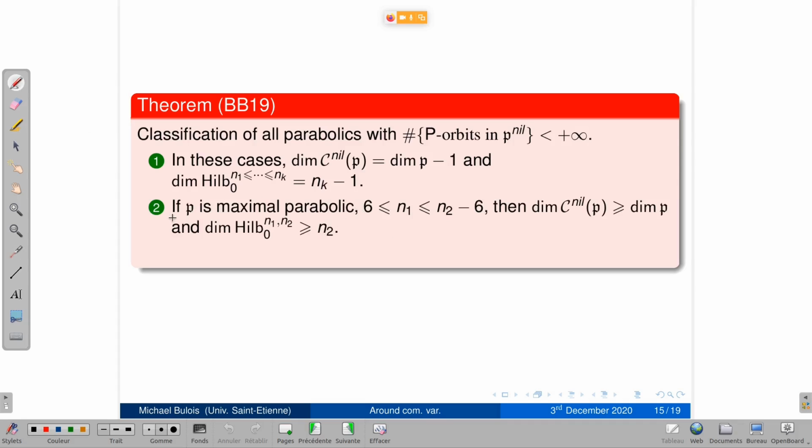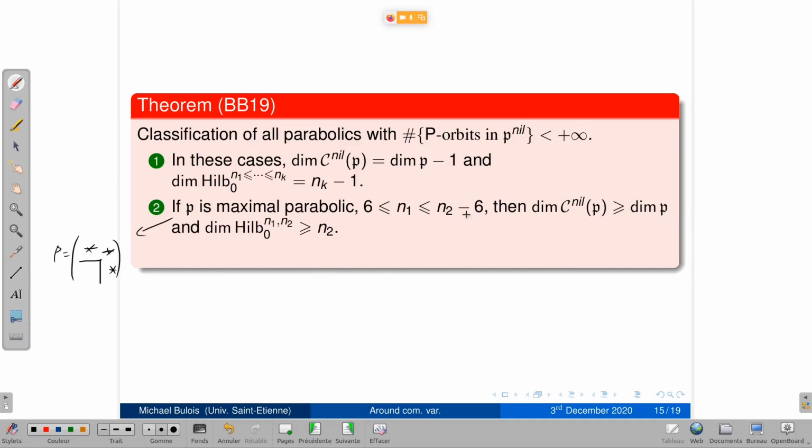Maximal here means that P is just something like this, and n1 is the size of this first block, and if I ask that each block is of size at least 6, then the dimension goes one step up. You have one more dimension here and one more dimension for the Hilbert scheme.